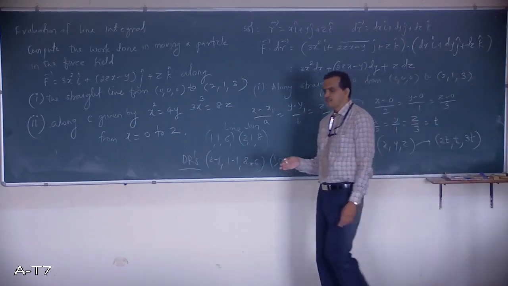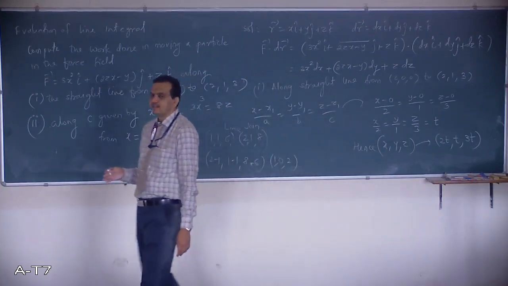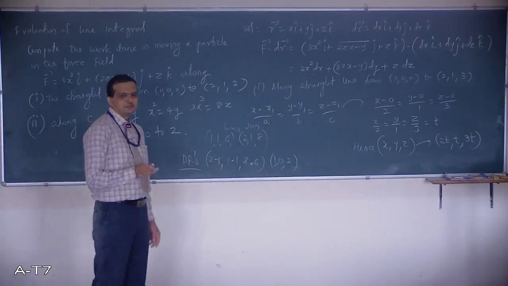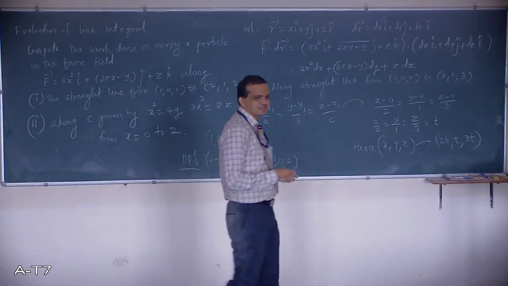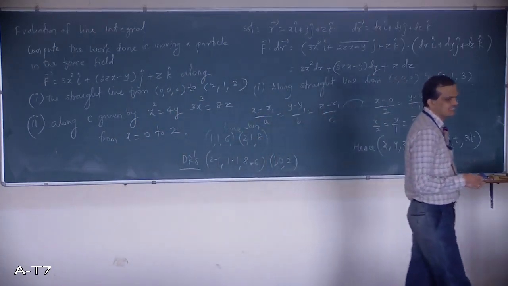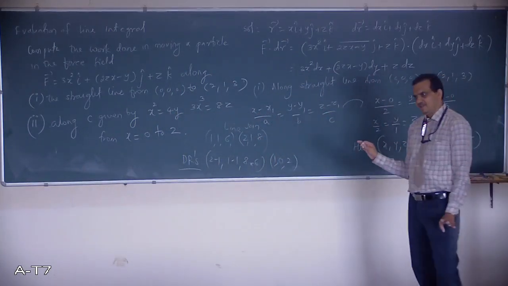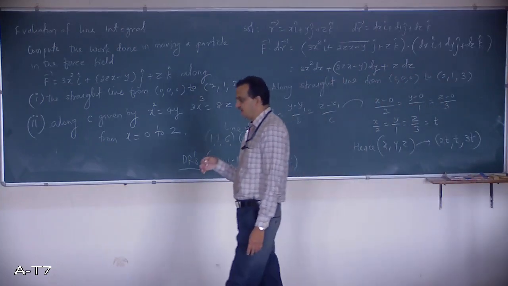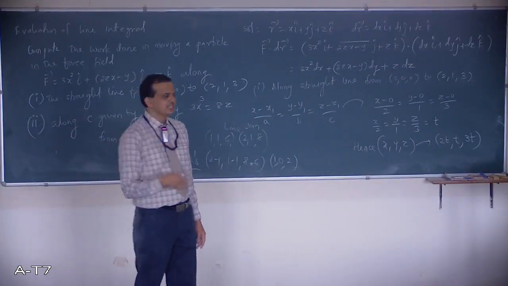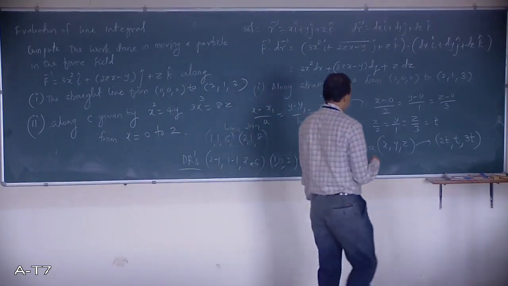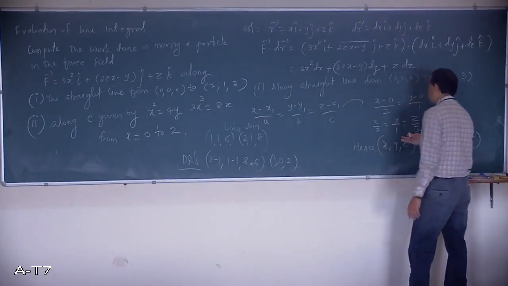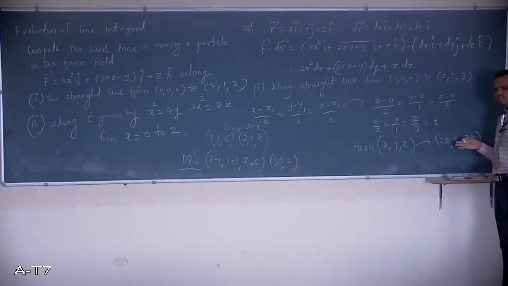So now you realize very quickly that this is a problem where parameter t is going to come into play and your integration will go with respect to t, not x, y or z. Clear? Because we are getting an equation of a straight line which is coming in the form of proportionality, the only way is to write it in terms of t and make it very easy for our simplification sake.